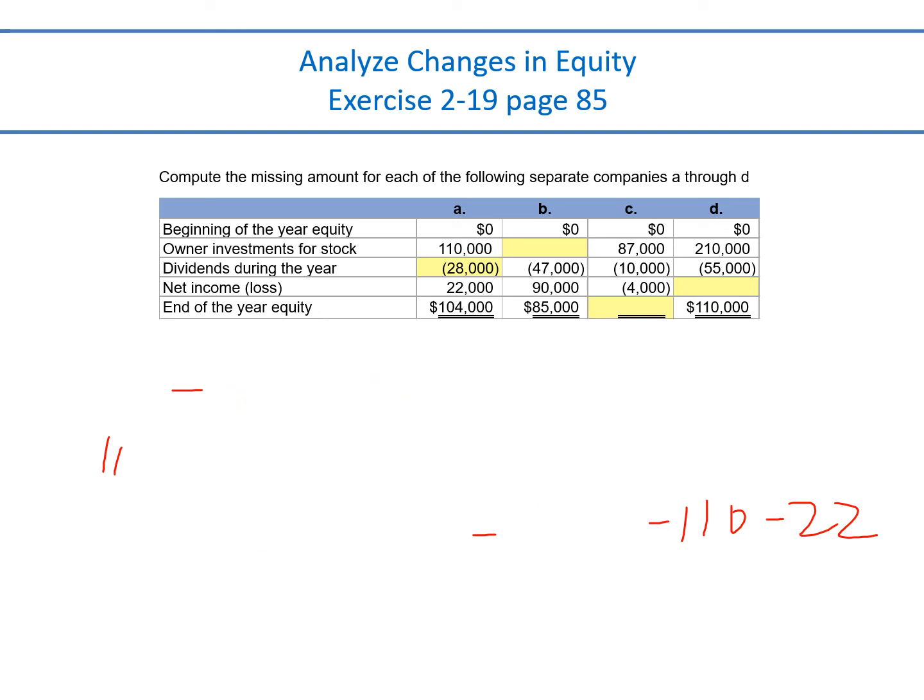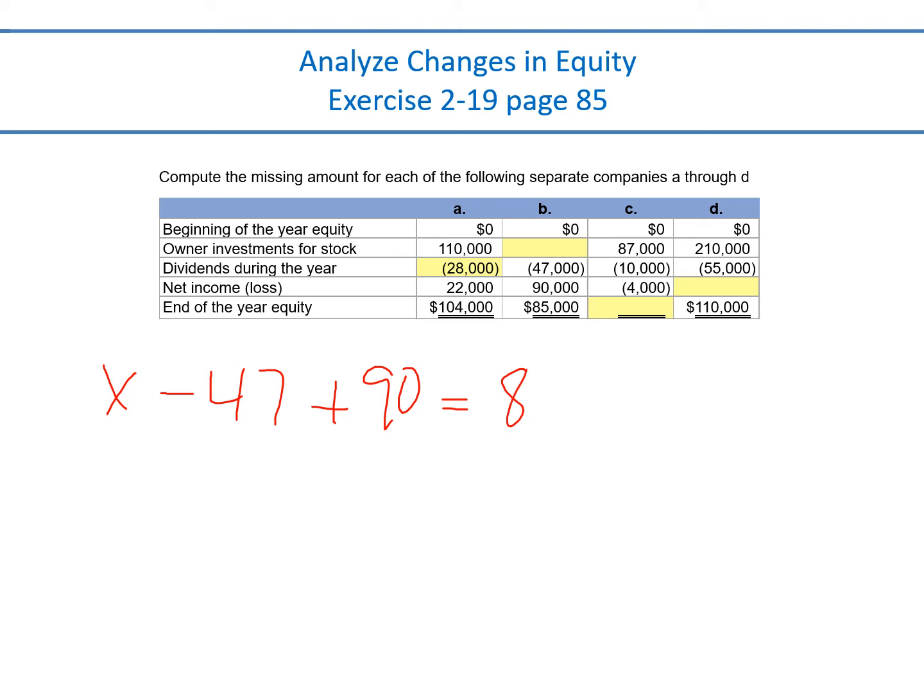Let's look at letter B. In letter B, we have 0 to start the year. So we have X minus 47,000 plus 90,000 equals 85,000. If we add 47, that makes that 0.